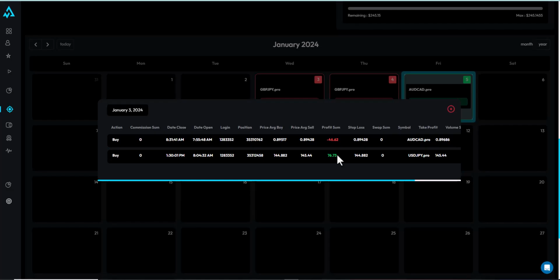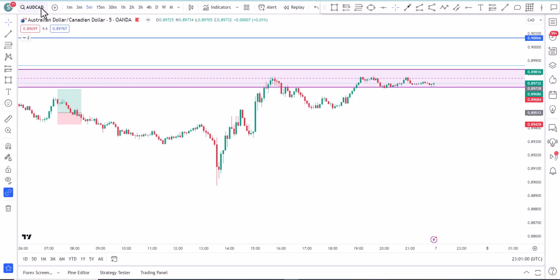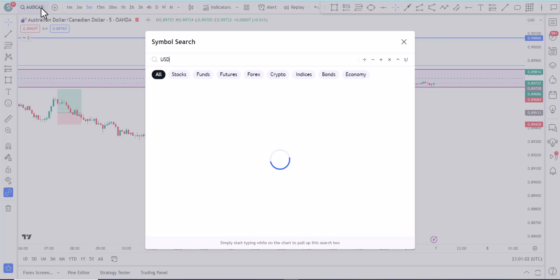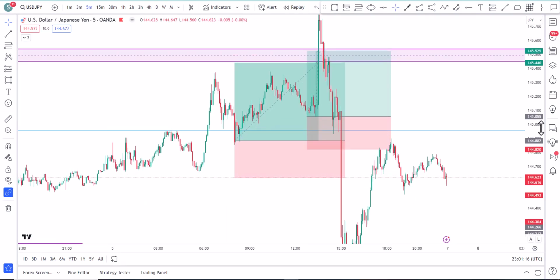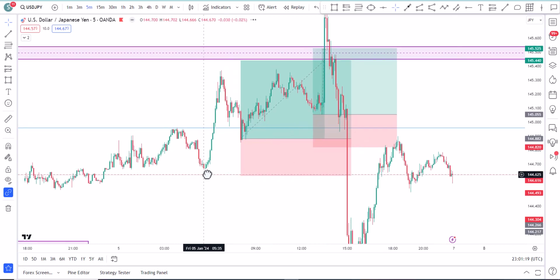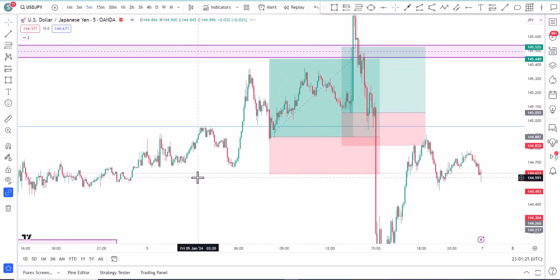Then let's look at the last trade I took. Okay, the last trade was on USDJPY. Let's look at that trade. I was assuming the week wasn't a good week, so why not just wait patiently for next week? However, I woke up today and I saw an interesting trade on USDJPY.